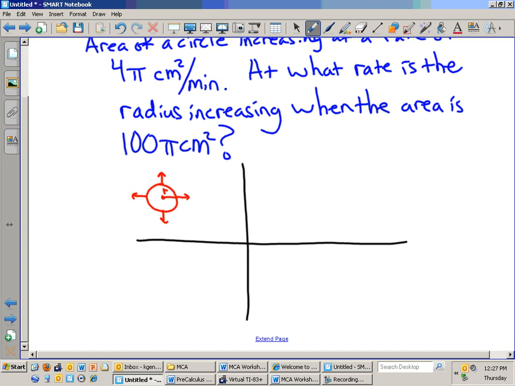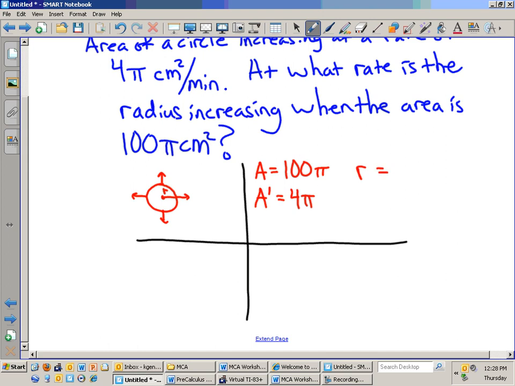Do we know the current area? What is it? 100 pi. Do we know A prime? Yep, 4 pi. So I have area that's changing. I also have radius that's changing.